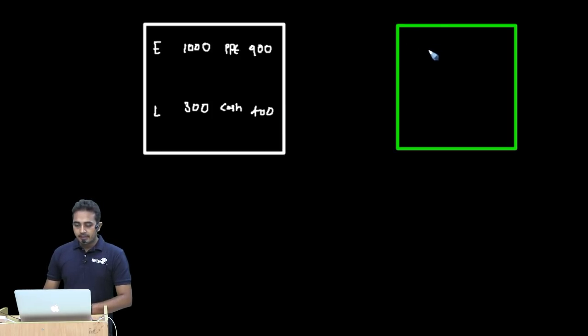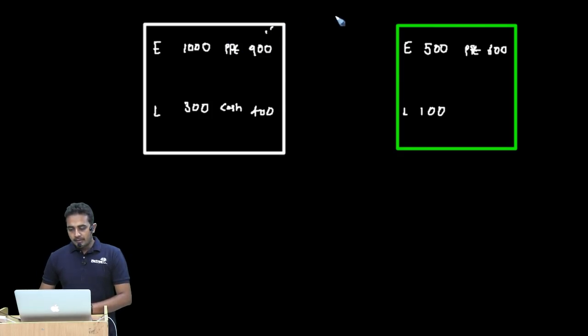This is subsidiary's balance sheet. They have equity of 500, liability of 100, and PPE of entire 600. Now what this firm has done is, this firm has acquired, let us say, 70% stake of this company at a price of 350.